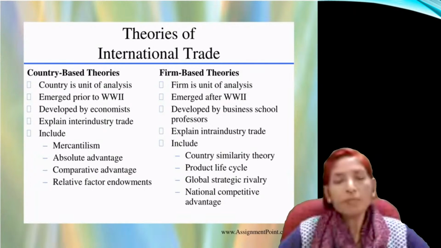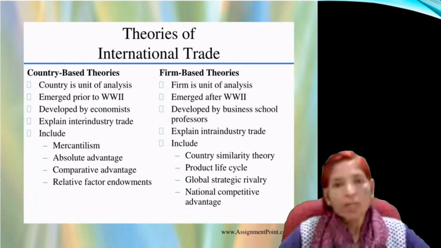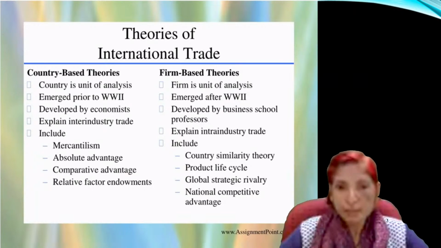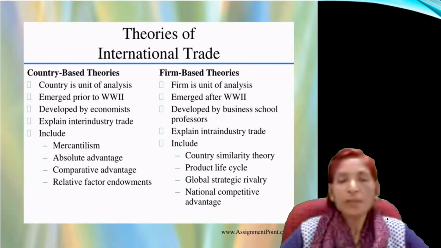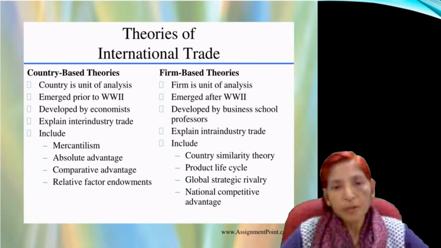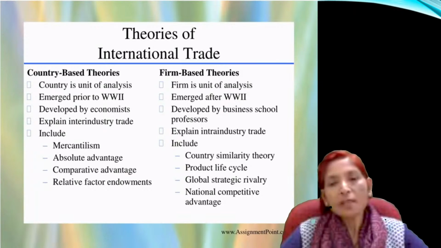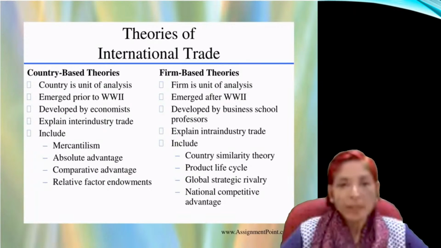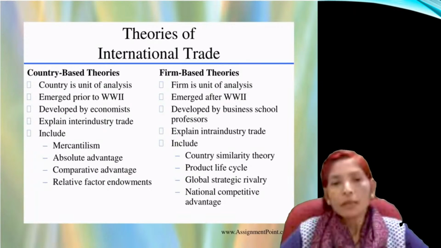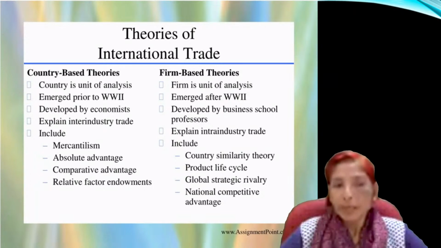Next is firm based theories. In firm based theories, the firm is the main unit of analysis. It also emerged after World War II. It was developed by business school professors. It explains intra-industry trade.